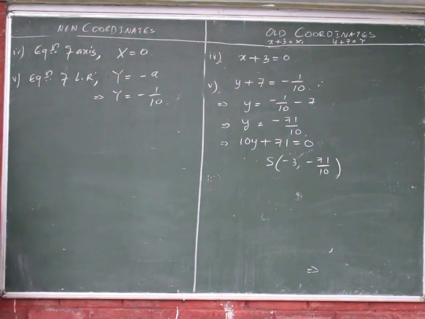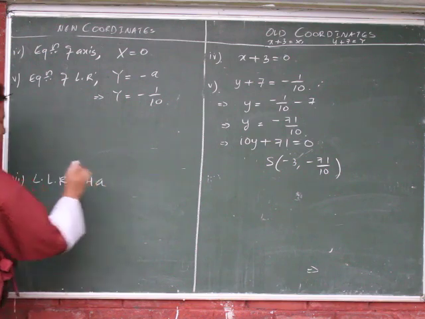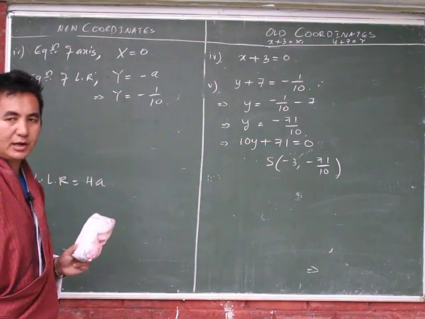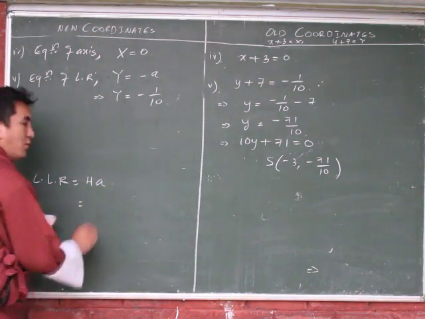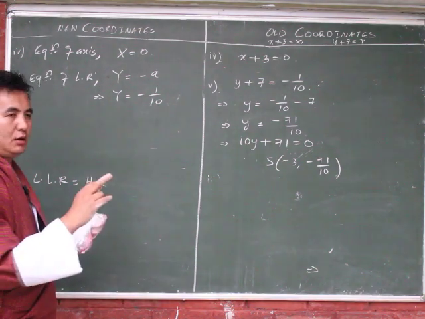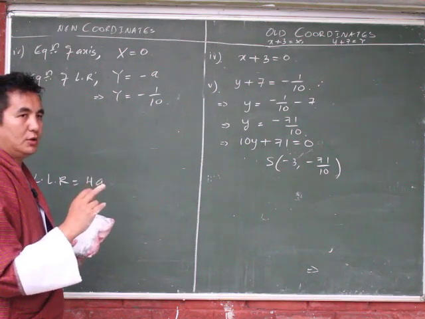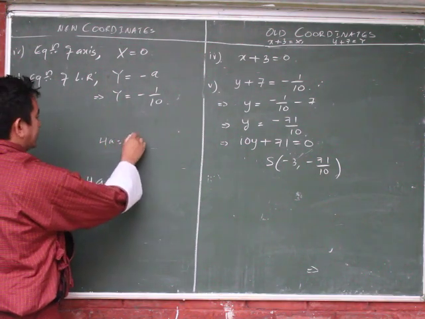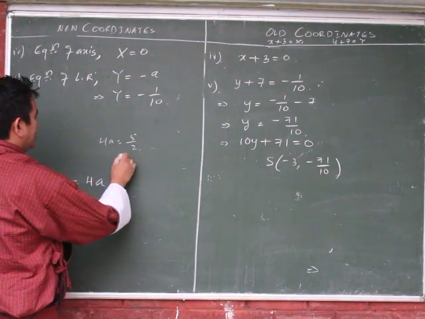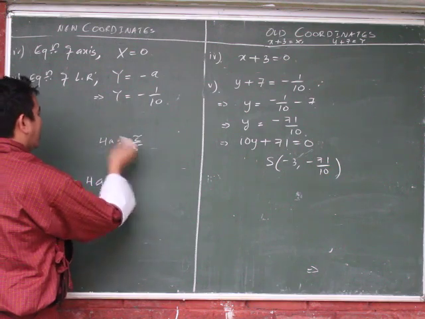Finally, we have number 6, length of latus rectum. What's the length of latus rectum? 4a. Yes or no? Length of latus rectum is 4a. So 4a, I got a as 1 by 10, so 4a is equal to 2 by 5.